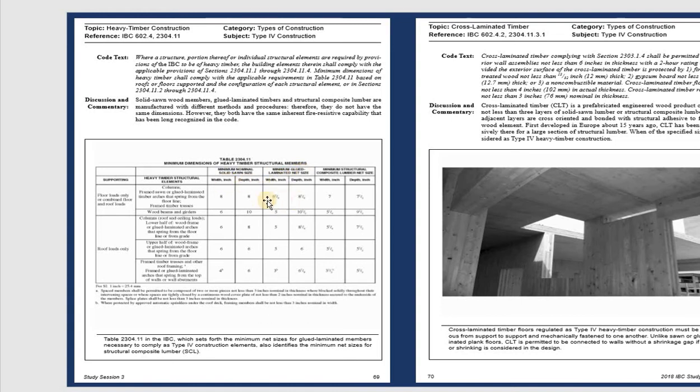We can see the thickness is smaller on this one, and on this one the depth is bigger, with another kind of lumber. So there are 3 different ones, and they have different sizes for heavy timber, and they have the table for you when you use it for the roof or for a floor.